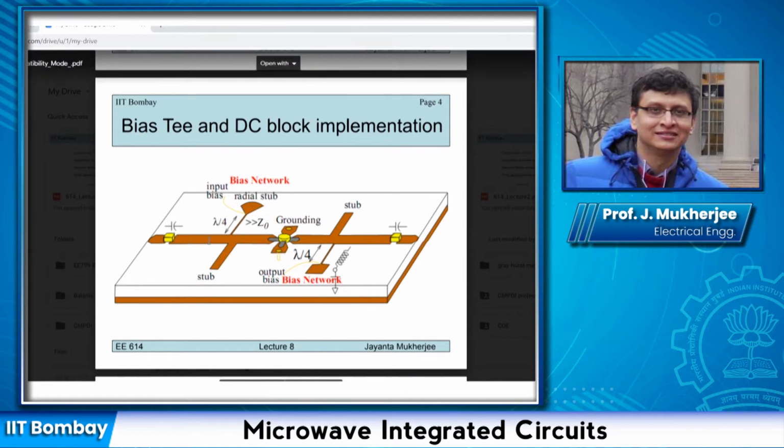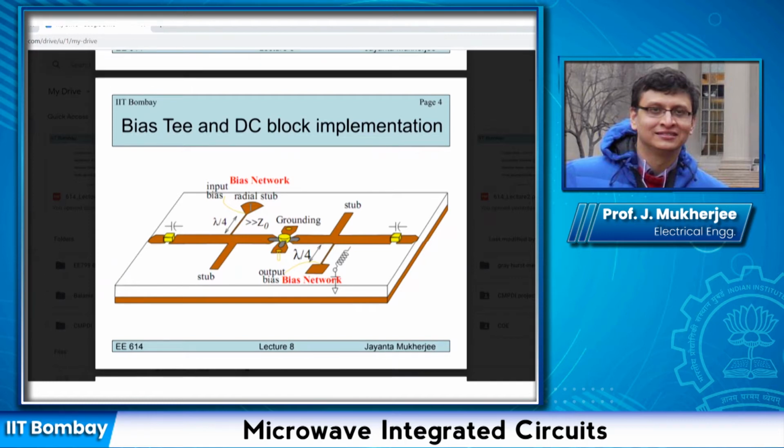This part consists of the input matching network, the left hand side, and this part consists of an output matching network. You can see two capacitors, these yellow box shaped capacitors at this end and also at this end. These prevent any DC from going out or coming in.